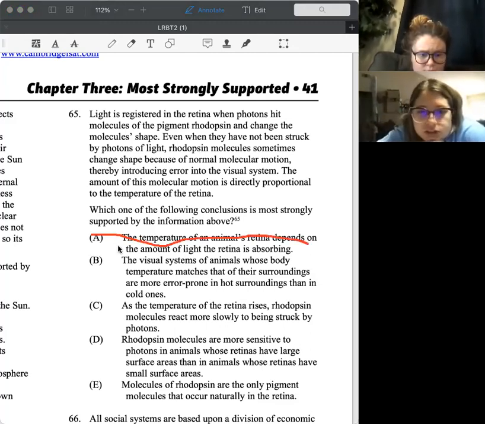The visual systems of animals whose body temperature matches that of their surroundings are more error prone in hot surroundings than in cold ones. Okay. Their body temp matches that of their surroundings, so proportional, are more error prone.